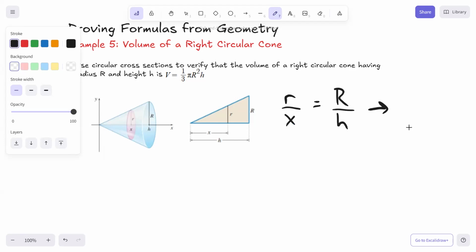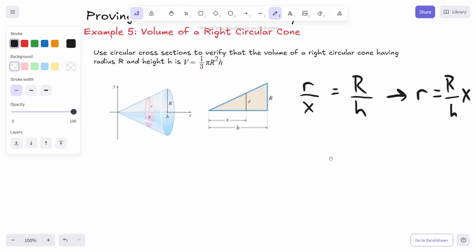Now, the nice thing about this is we can solve for little r and get that in terms of x. Because remember, the capital R and the h are the actual dimensions of any cone, and we're going to do this in general so that we can get the volume formula for a cone.